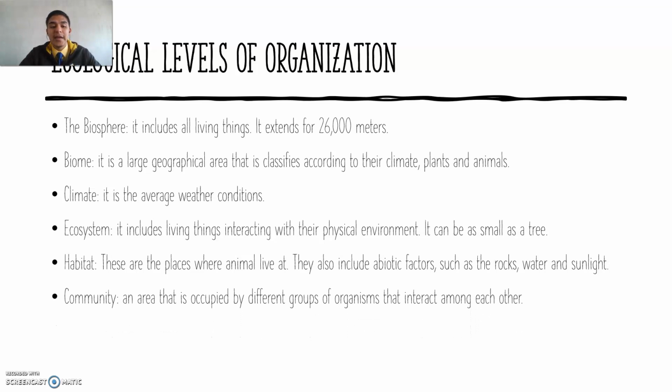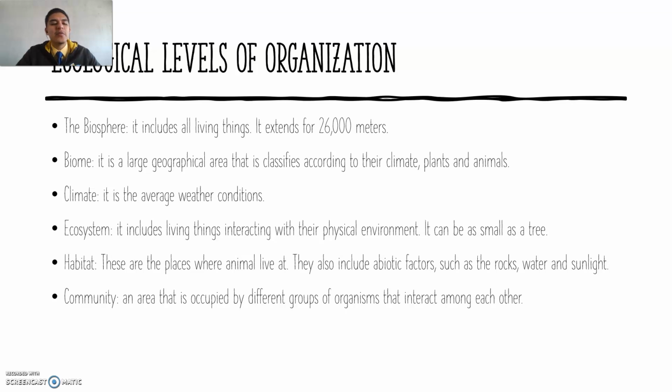We also have community, an area that is occupied by different groups of organisms that interact among each other. So let me think about a forest in Canada. In Canada, you can find a lot of birds, you can find deer as well, wolves sometimes.